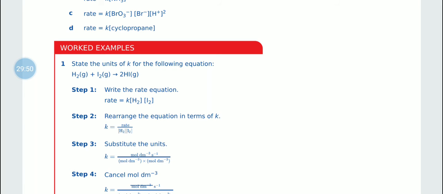So then we rearrange the equation to make k the subject. k equals rate over [H2] concentration times [I2] concentration. Because both of them are not squared or anything, you have to multiply them by one another. Then 1 mole per cubic decimeter times 1 mole per cubic decimeter, and the rate is mole per cubic decimeter per second. So that gets cancelled out.